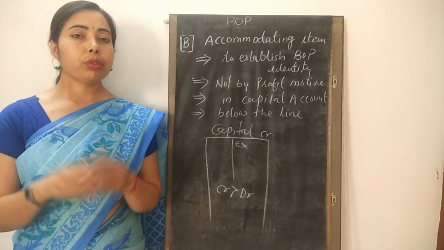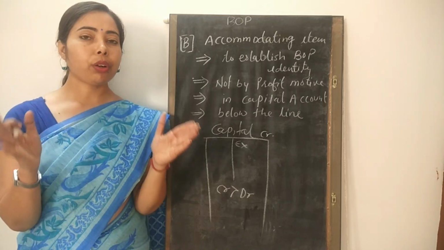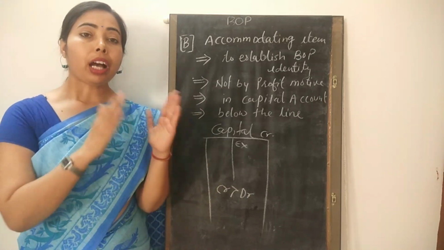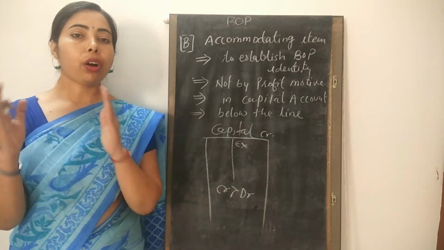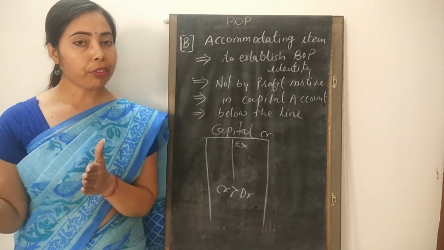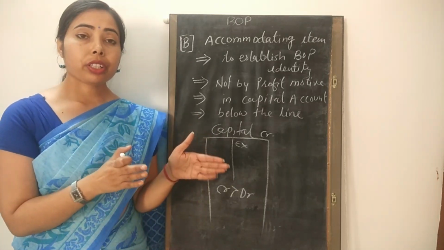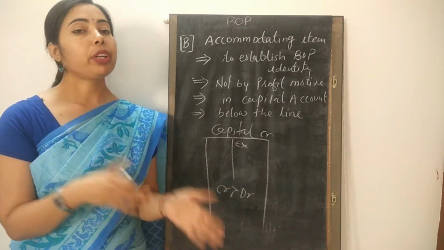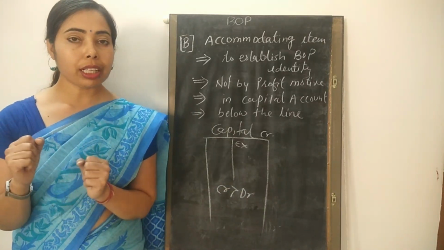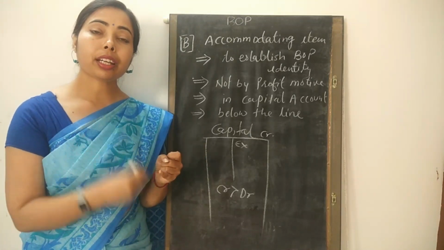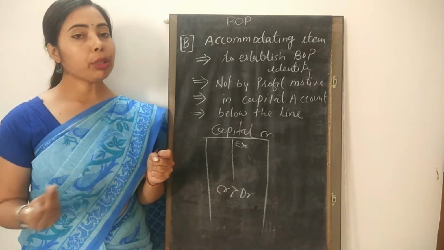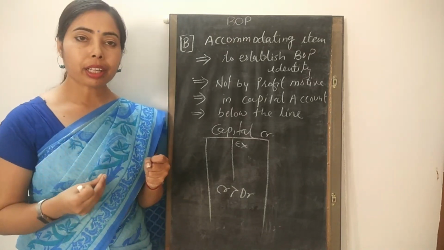If we look at the differences between accommodating and autonomous transactions, autonomous transactions are profit motive and accommodating transactions are not profit motive. Autonomous transactions are above the line, accommodating transactions are below the line. Autonomous transactions are recorded in both capital and current accounts, but accommodating are recorded in the capital account.